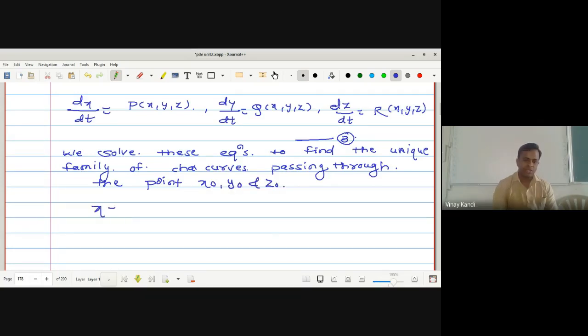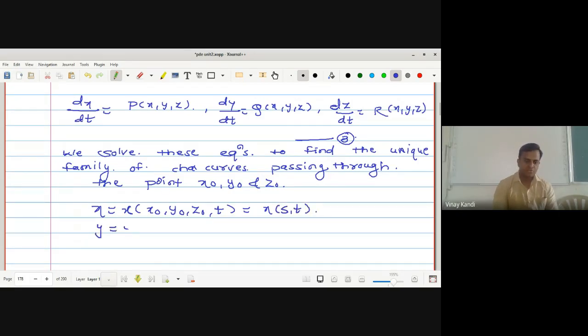And that gives x as the function of x0, y0, z0, and t. Or we can write in arbitrary form, x is the function of s and t.